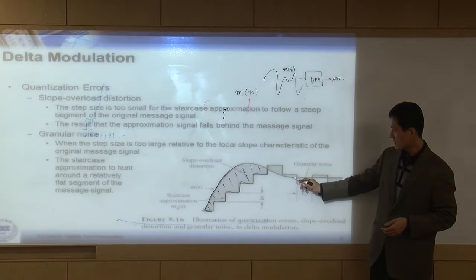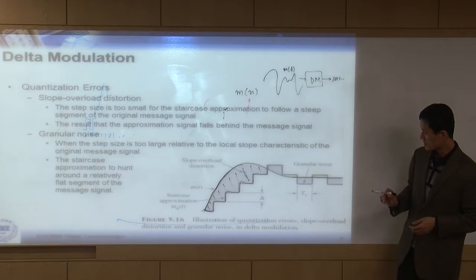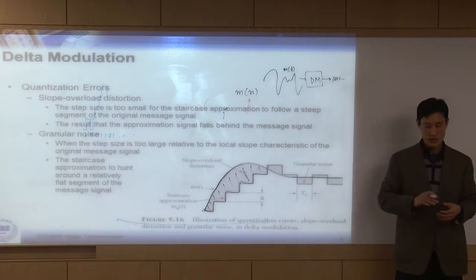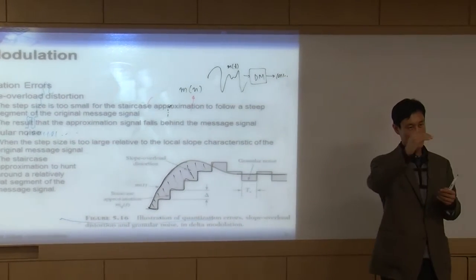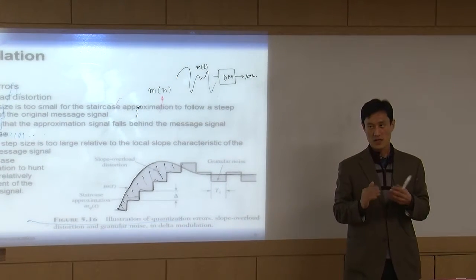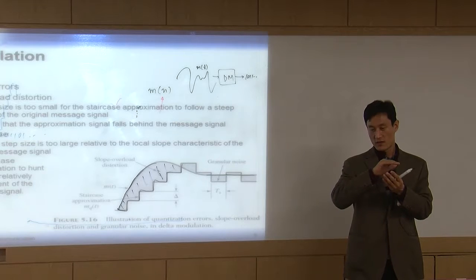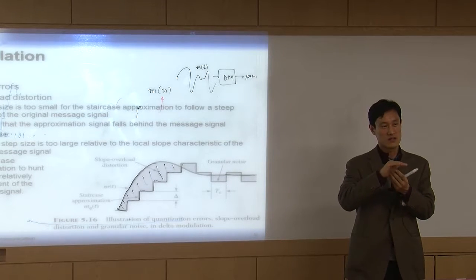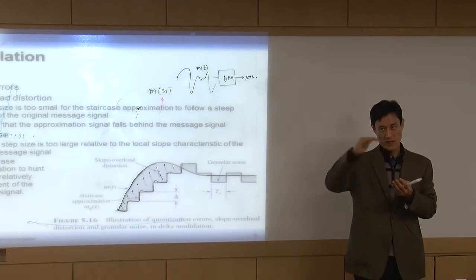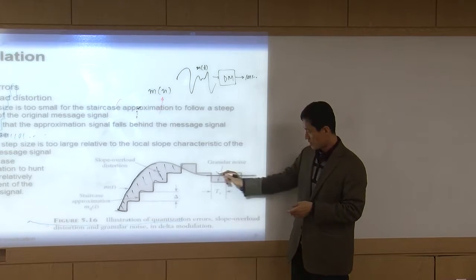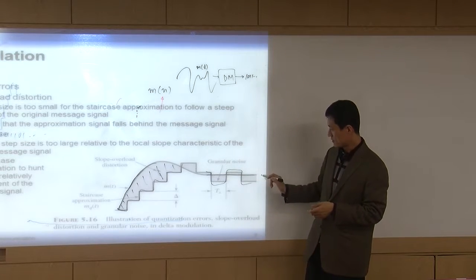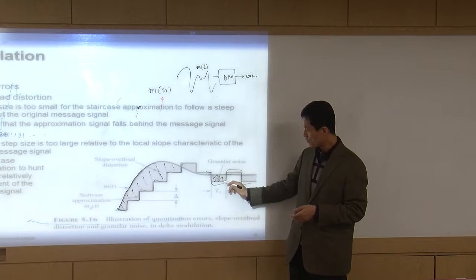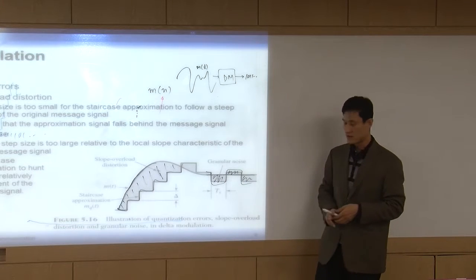The second error case is that your input is almost constant, but your delta modulation can still only do +1 or -1. Delta modulation cannot stay. There's nothing like stay. You have to go up and down, up and down. Every time you do that, you have some error like this.